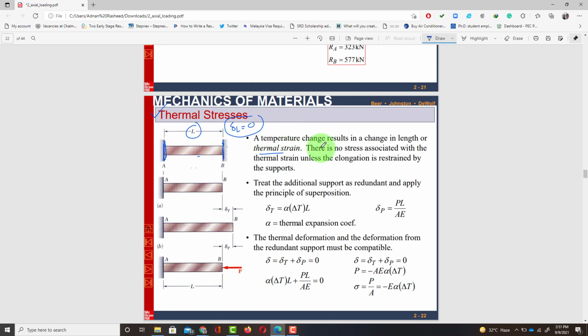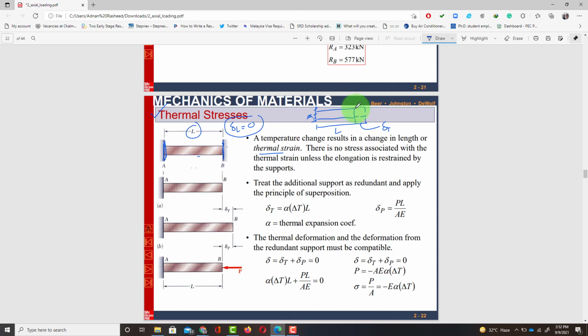But in that case, there is no restriction. For example, if this is the same bar and one end is fixed and the other is not fixed, and it is subjected to thermal loads, due to temperature change it will elongate. So initially it was of length L. Now there is elongation, that is delta T. Why?